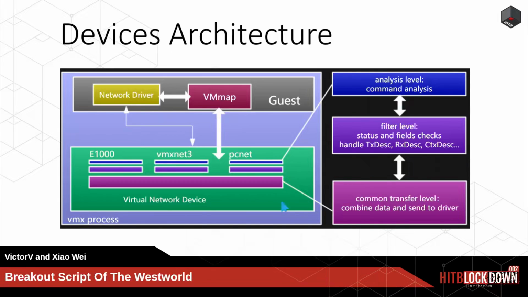ESXi handles data in the kernel instead of a user process. The guest driver uses I/O operation and WebMap to translate commands and data to the network device. So we know bugs may exist in the virtual network device when it handles data and commands from the guest driver.